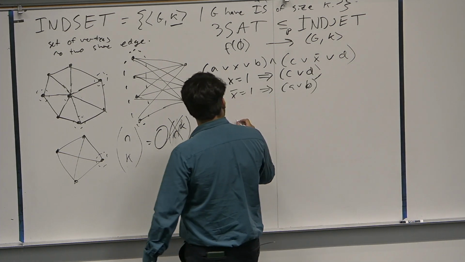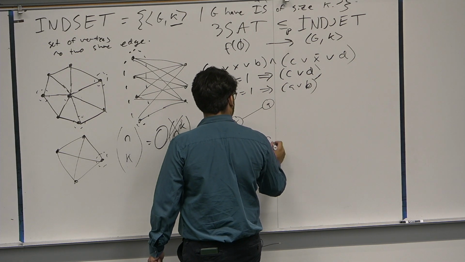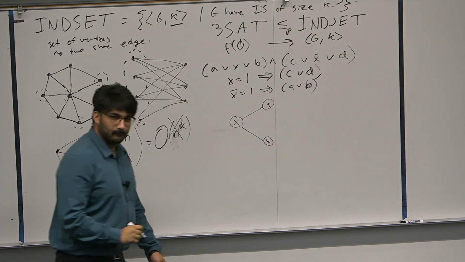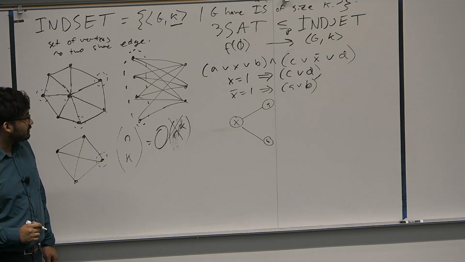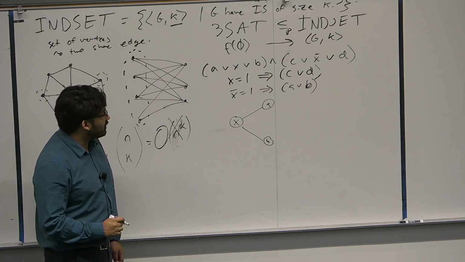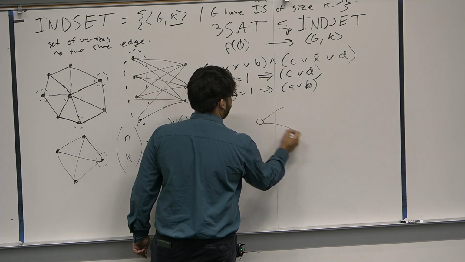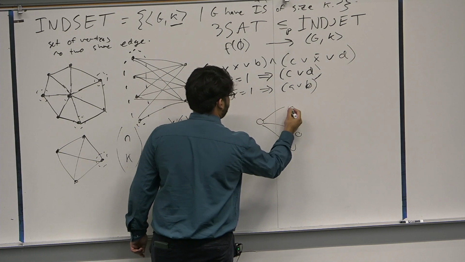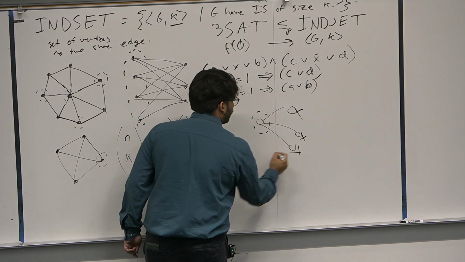So what if we did this? If you choose X in your independent set, actually this is not exactly what it should be, but if you choose a vertex in your independent set, let's do this for now, right? You are prevented from choosing these 3 as your independent set, right?